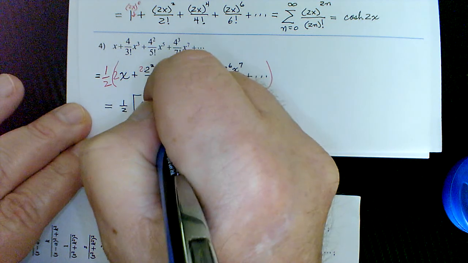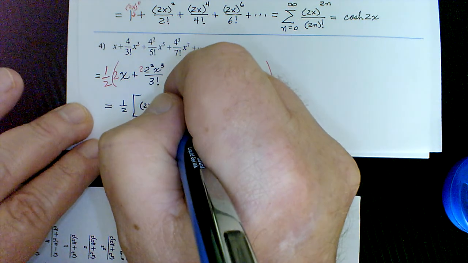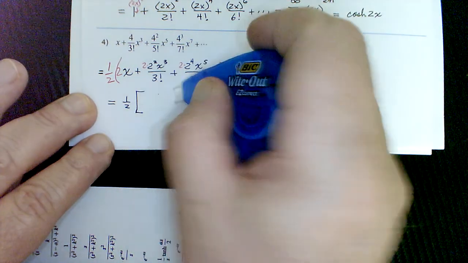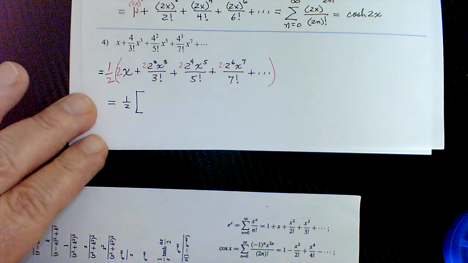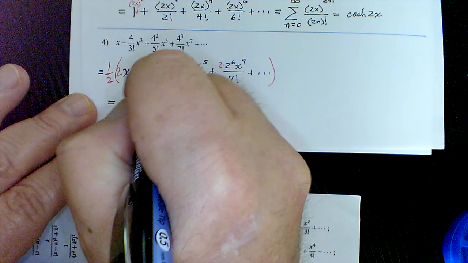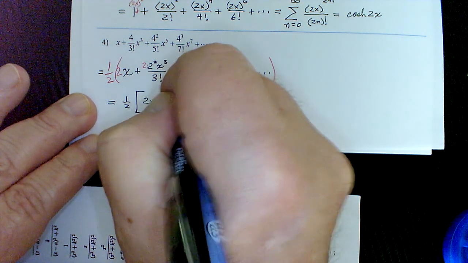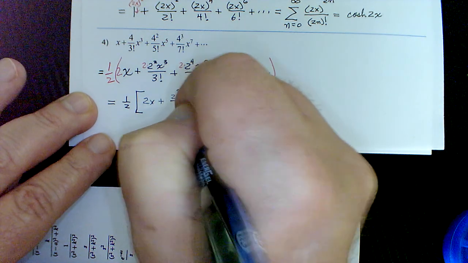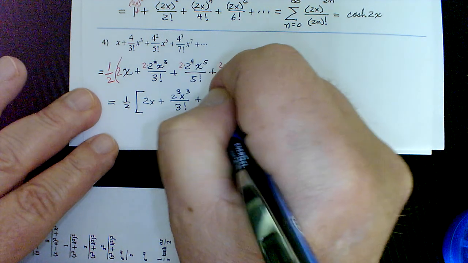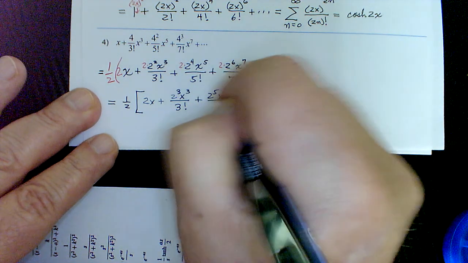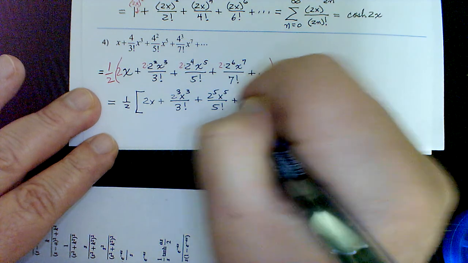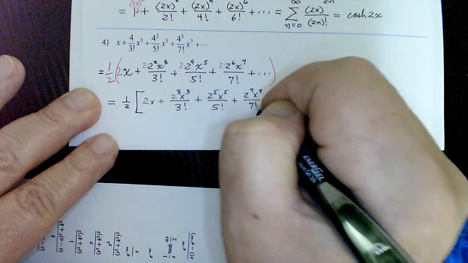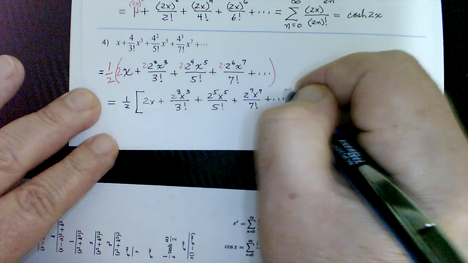2x to the first plus, now, here, let me show it in 2 steps. This will make it more clear even. 2x plus, now this will be 2 cubed x cubed over 3 factorial, and then plus 2 to the 5th x to the 5th over 5 factorial, plus 2 to the 7th x to the 7th over 7 factorial, and so on.